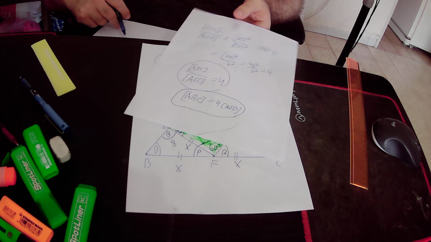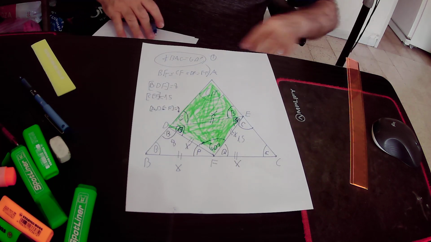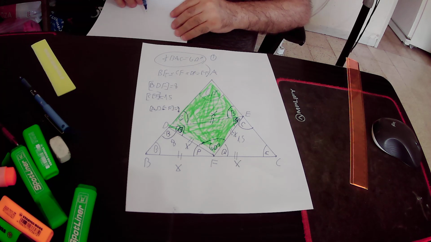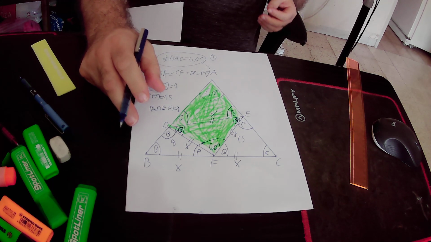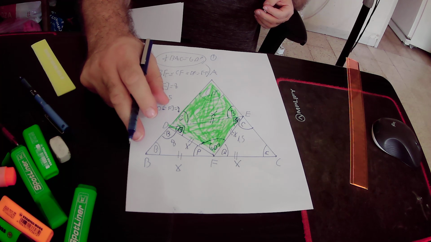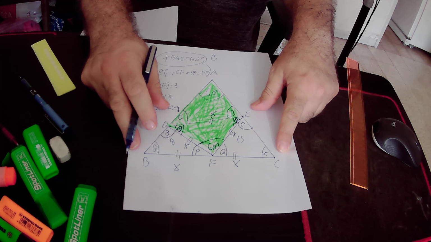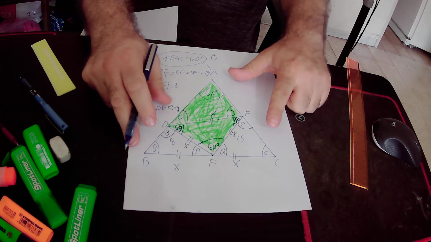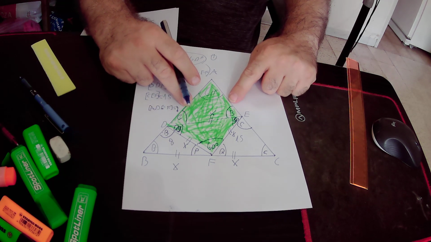And what is the size of the area of the shape, the quadrilateral DBEC, this quadrilateral? What is the area of this quadrilateral? Actually, the area of this quadrilateral DBEC equals the area of triangle ABC minus the area of the small triangle, triangle AED.